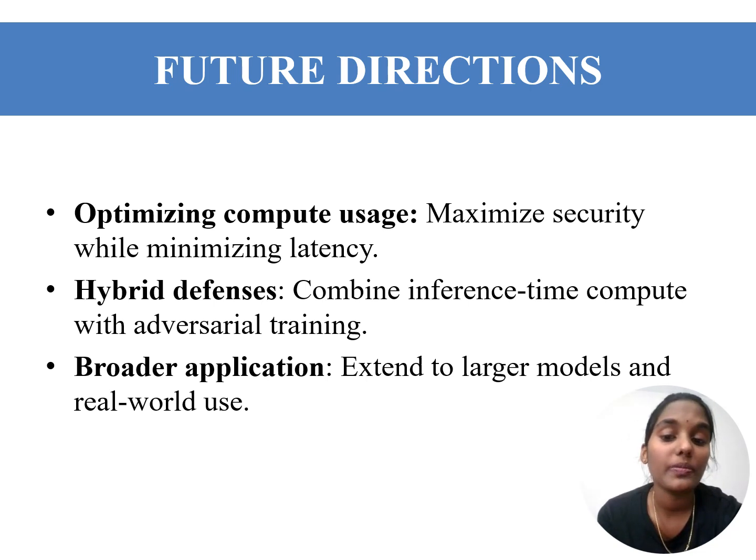Third, scale it up: apply this idea to larger language and vision models, or even multimodal AI like ChatGPT and GPT-4. The broader applications extend to larger models and real-world uses.